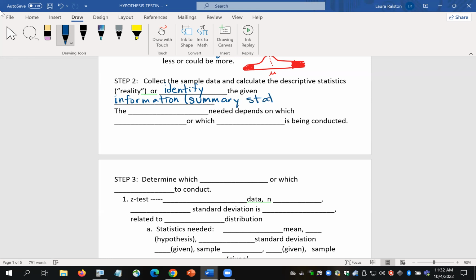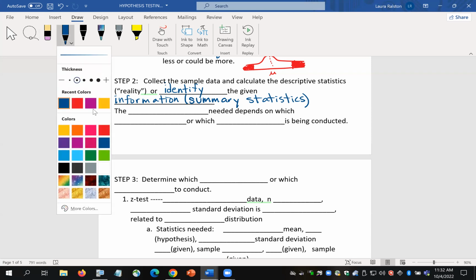Just like in the questions for the confidence intervals, you were given typically the sample mean, the population or the sample standard deviation, the sample size. In the scenarios that you're going to be presented as the problems or examples for hypothesis testing, you'll be able to identify that information.